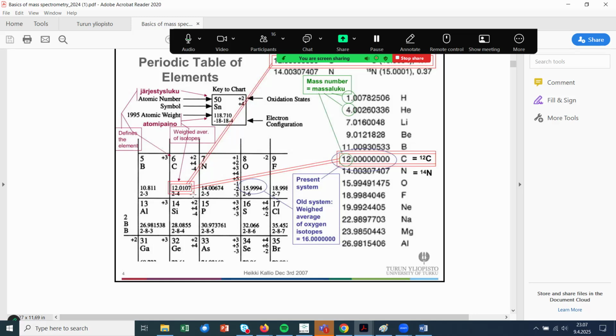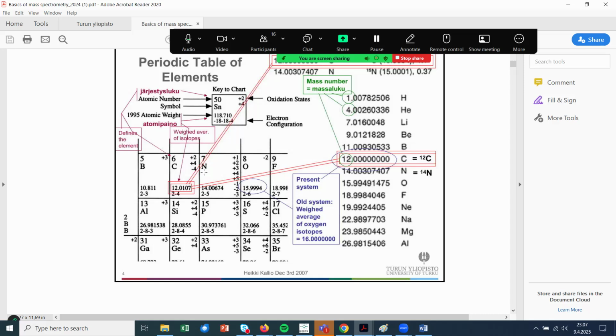all in mass spectrometry. The reason is that these numbers you see here are average values. They are weighted average values of natural isotopes of carbon, for example. And weighted average means that it takes into account the different types of isotopes there are and their quantities.